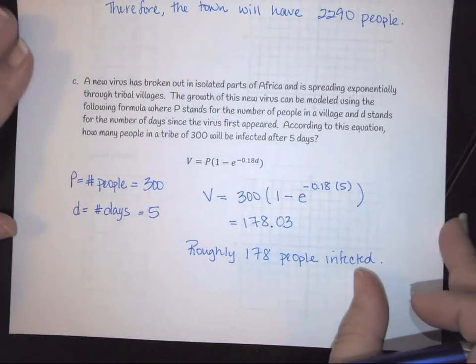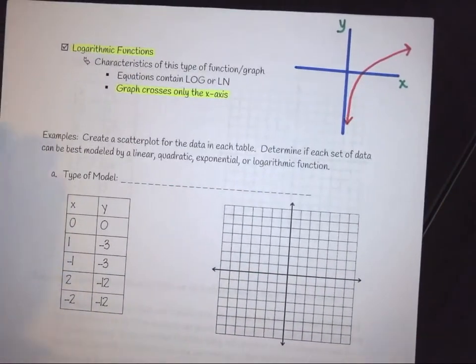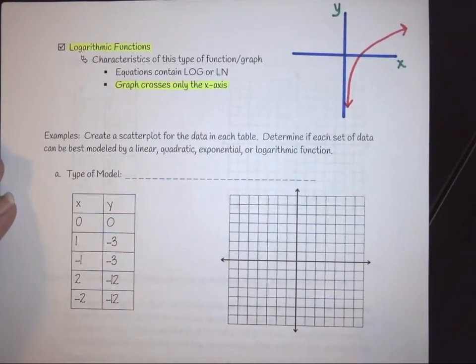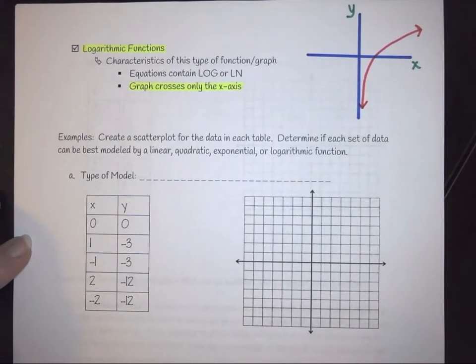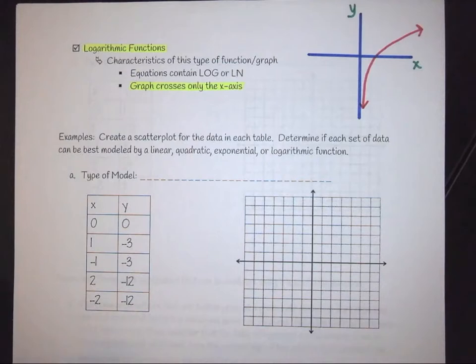So that is exponentials. Now the other half, or its partner, is logarithmic functions. Logarithmic functions use log or ln. ln stands for natural log. And these will cross your graph only through the x-axis.